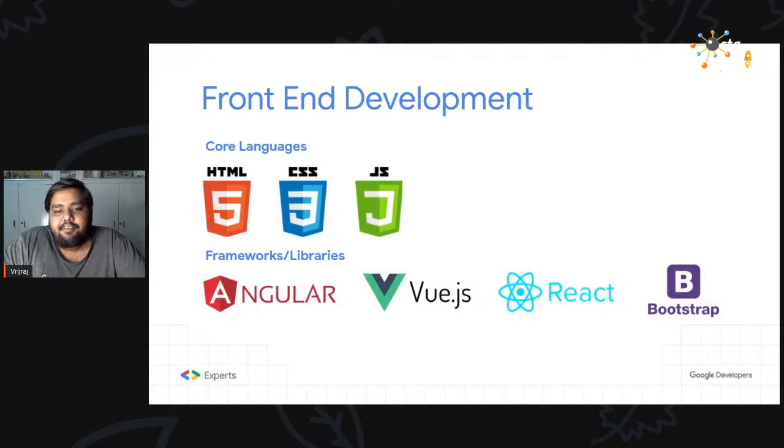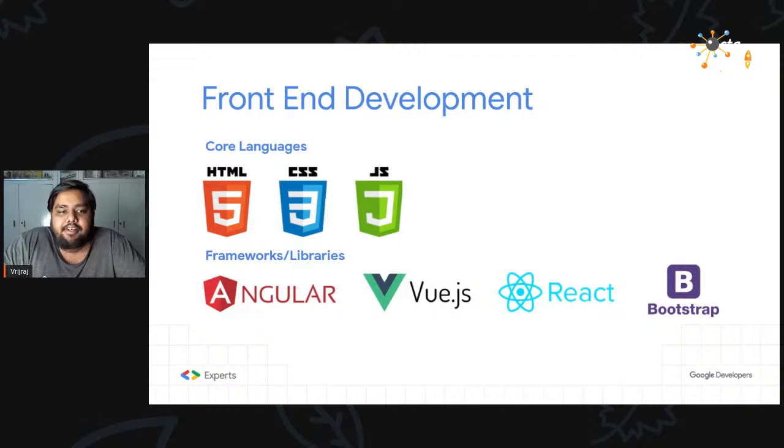If you want to start your career in front-end development, mainly you have to work on core languages like HTML, CSS, and JavaScript. These are all the fundamentals of web technology. Then you have to work on frameworks and libraries.